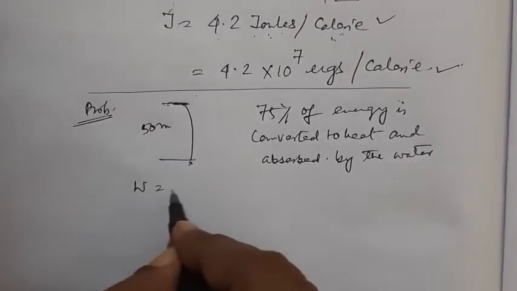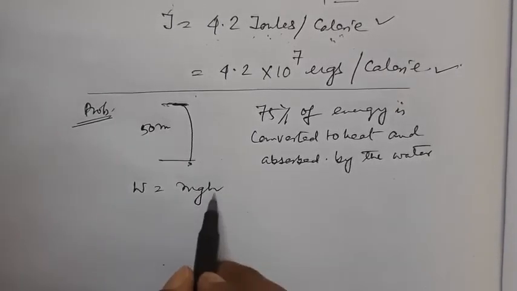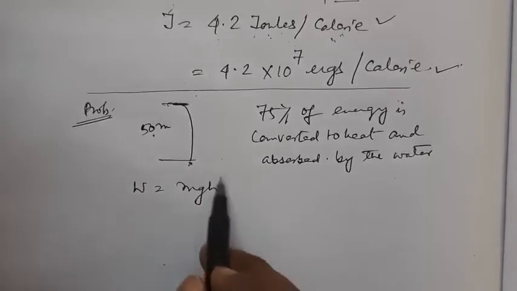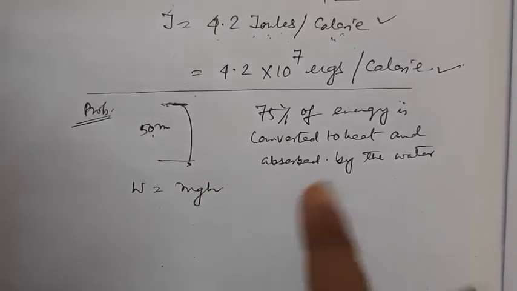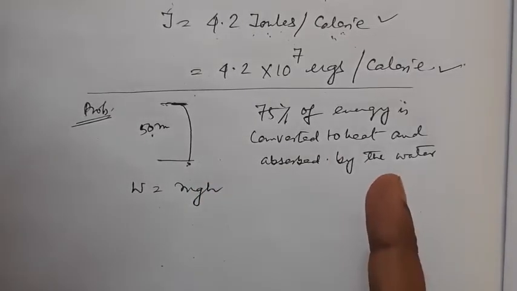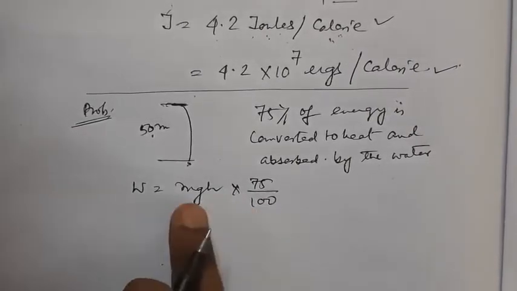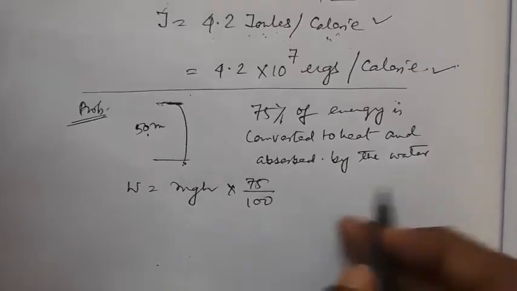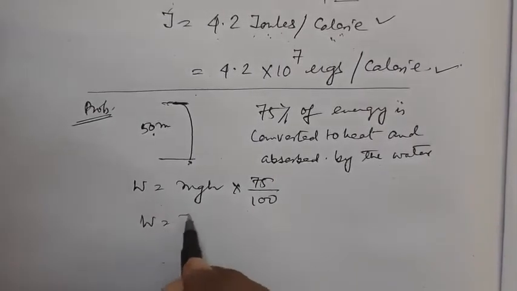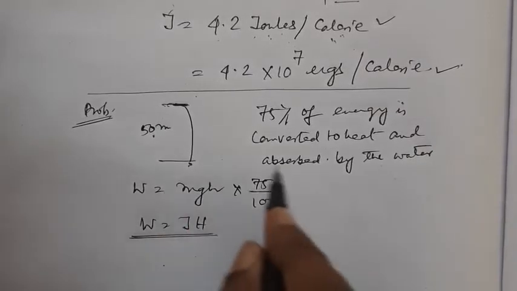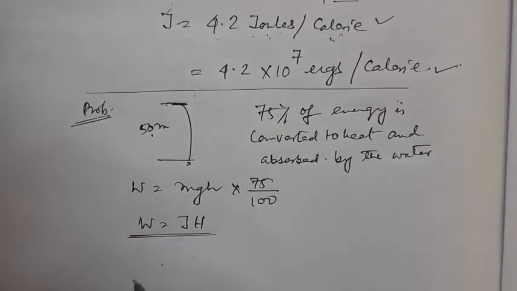So W we can write as mgh, where h is equal to 50 meters. That means it is a decrease in the potential energy, which will be converted to an increase in thermal energy. Now 75% of this energy has been converted to heat. That means W is equal to JH.